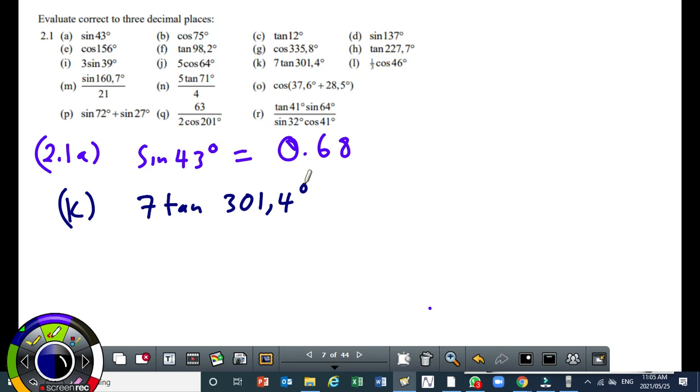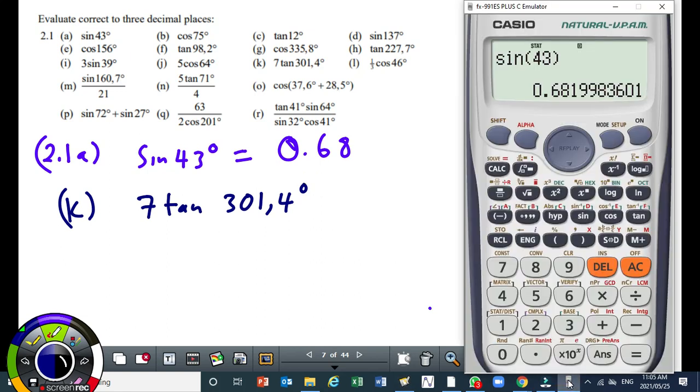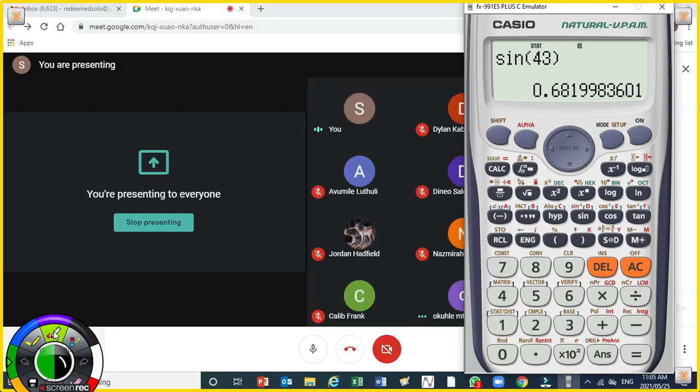I think the reason for that is, and this is also important, on your calculator, just check for me here. Do you have a degree sign here? Do you see a small d where I indicated on your screen here? You must have a small d there.